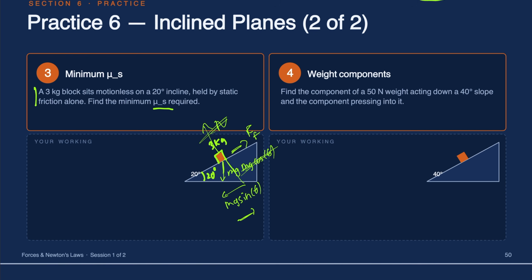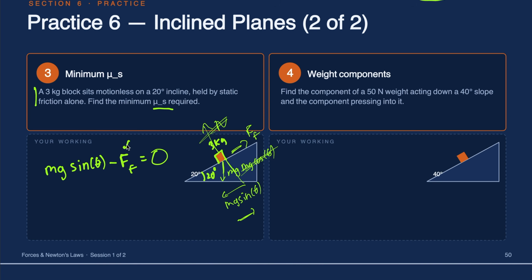So mg sine theta minus force of friction has to be equal to 0, right? Because then I have 0 net force and I'm not accelerating, and I'm motionless.